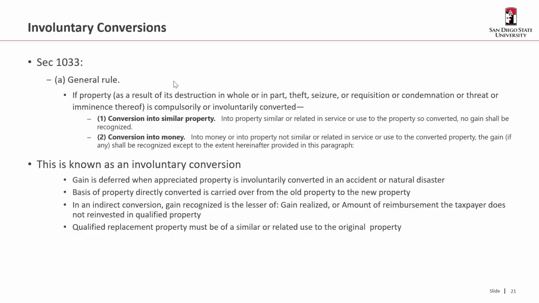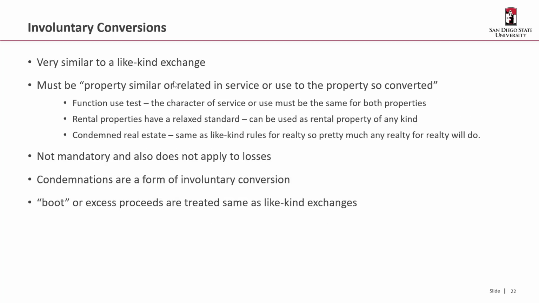If it's an indirect conversion, then what that means is, someone got cash. The gain recognized is the lesser of the gain realized or the amount of reimbursement the taxpayer does not reinvest in qualified property. And in this case, qualified property must be of a similar or related use to the original property.